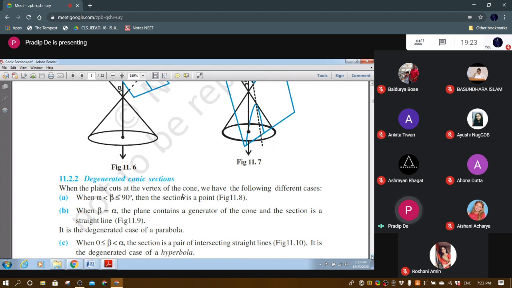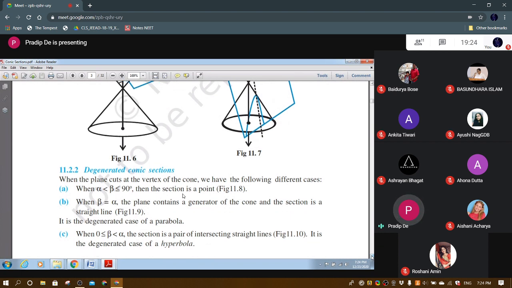It contains only one generator line. So that is a degenerated case of a parabola, because otherwise this would have been a parabola. When beta is less than alpha and more than 0, obviously, we get a pair of straight lines, and that is a degenerated case of a hyperbola.